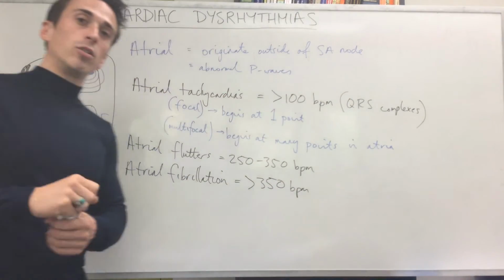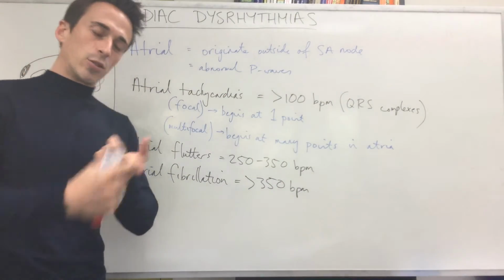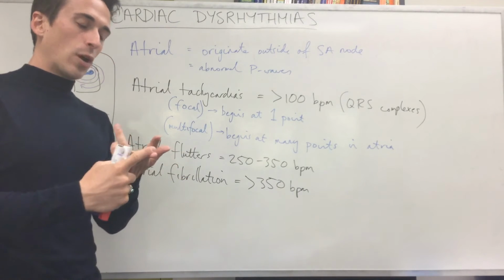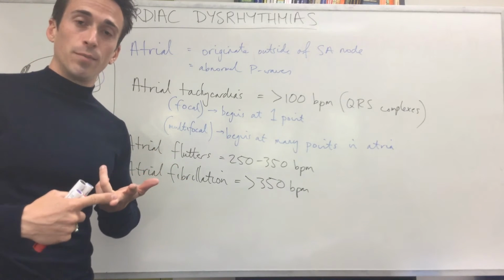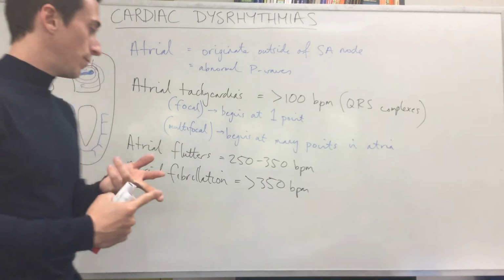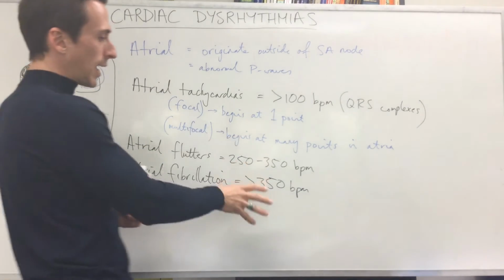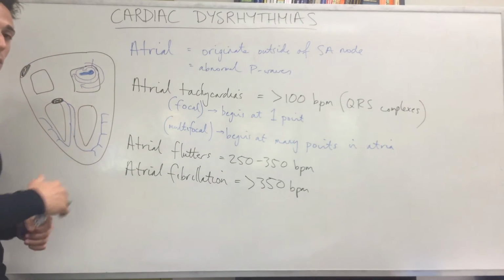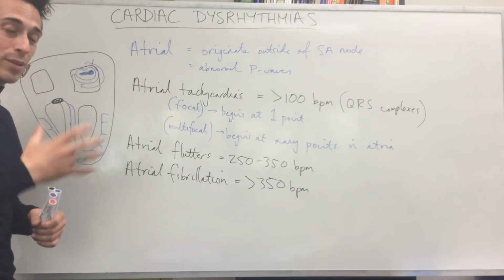And the type of treatment option you can have, again, could be some of those antidysrhythmics, beta blockers, calcium channel blockers, but also electrical cardioversion. Okay? So with atrial fibrillation, and again, because the AV node is the rate limiting step, the ventricles will depolarize at a slower rate, but still quite fast.